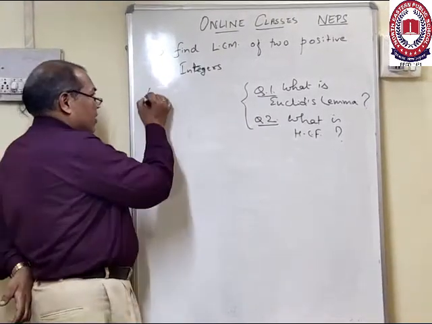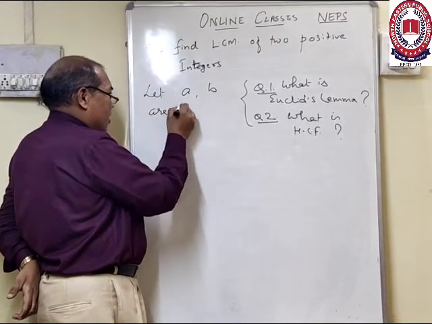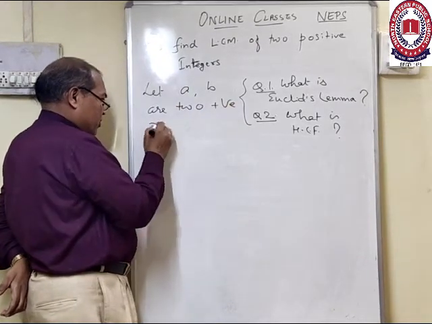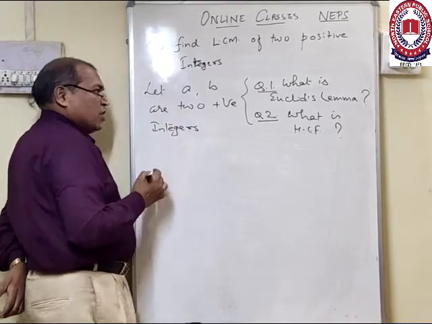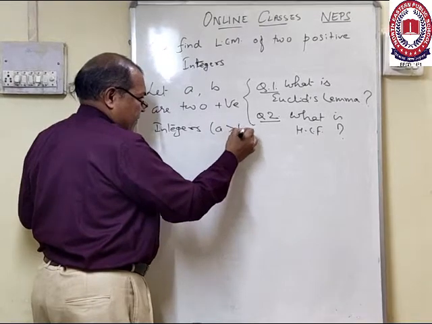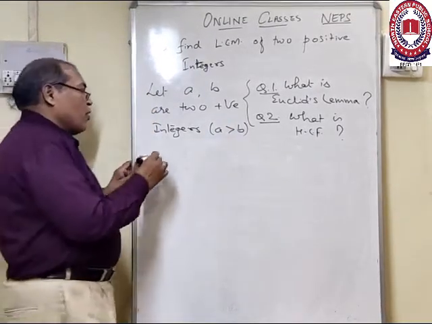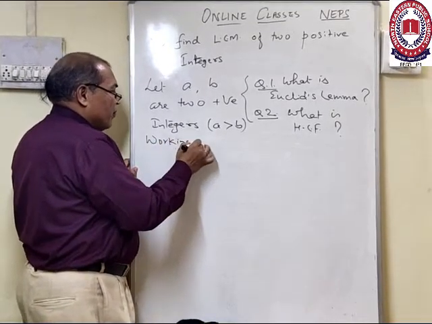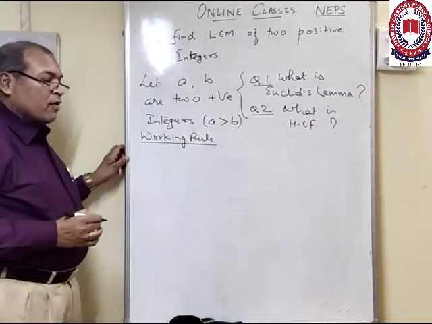Whenever we are given, let A, B be two positive integers where A is greater than B. So first of all, you can see here the working rule.